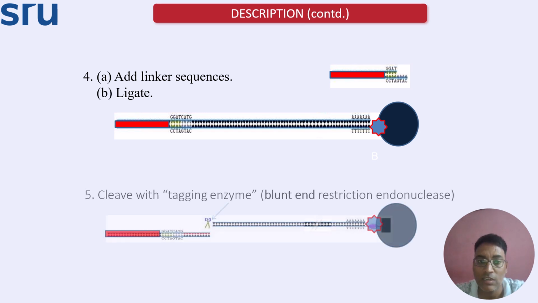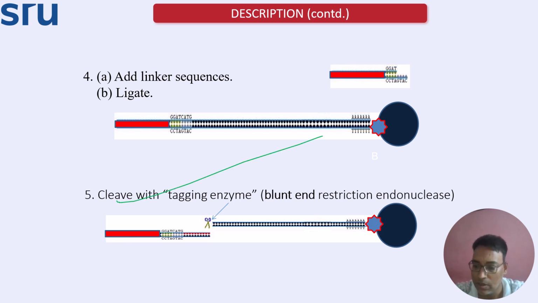So now see here, I'm using the linker part. I'm adding the linker sequences, along with the tagging enzyme, a blunt-end restriction endonuclease. So all of these are connected here.